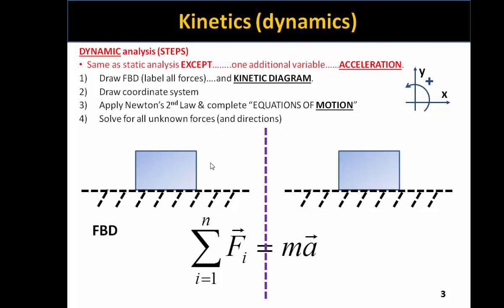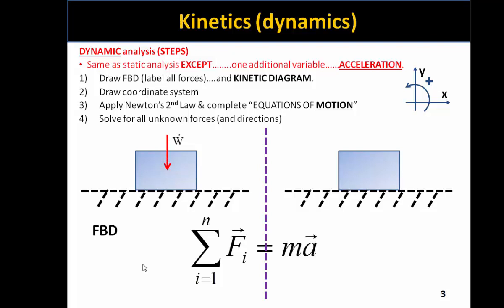Now, if we take a look at the system here, we should recognize that this is a box sitting on a flat surface, and so we have no indication that this is a rotating system. So this box is going to experience linear motion only. Therefore we'll only focus on the linear expression of Newton's second law.